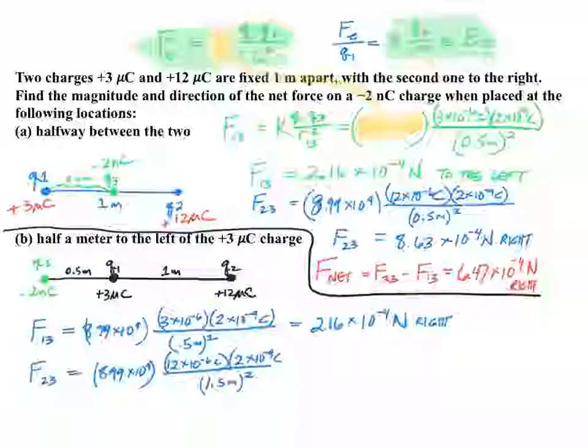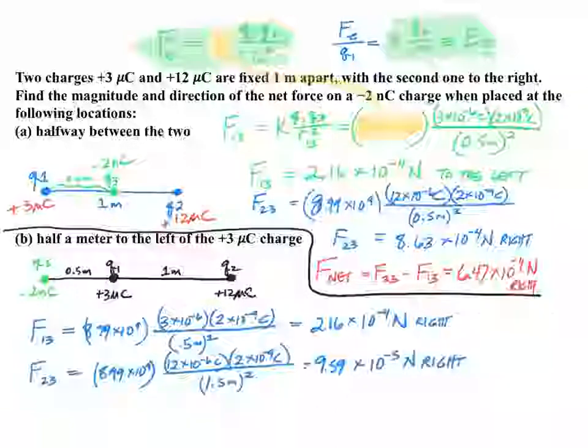The constant does have units that end up giving you back newtons, but I'm not going to write them in for efficiency today. 9.59 times 10 to the minus fifth newtons. It's also to the right.